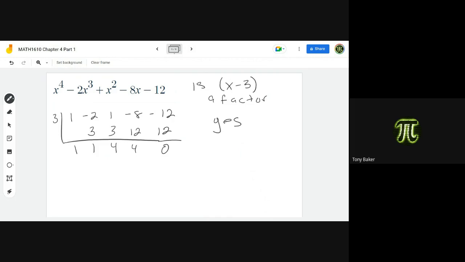So we know x minus 3 is a factor, which means that x equals 3 is a 0. Okay. So x equals 3 is 0.